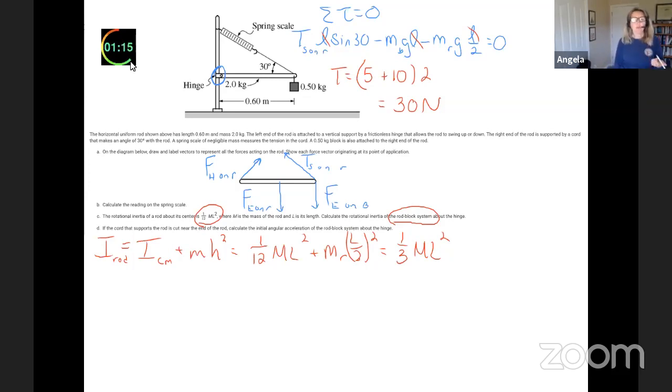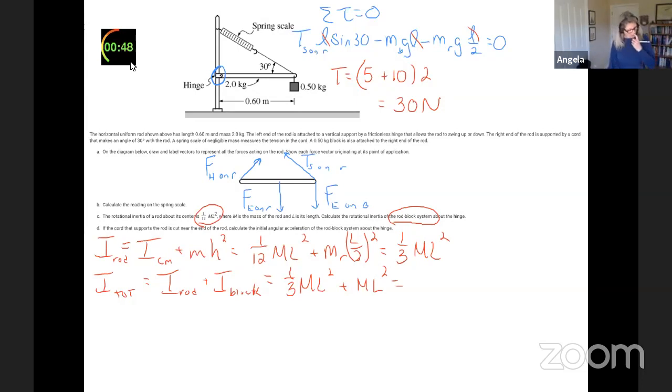And the block is a point mass, so we're going to say I total is I rod plus I block. So I rod is 1/3 m L squared plus the block would be a point mass, so that'd be m, and it is L away from the axis of rotation. So when you add those up, you should get 4/3 m L squared.